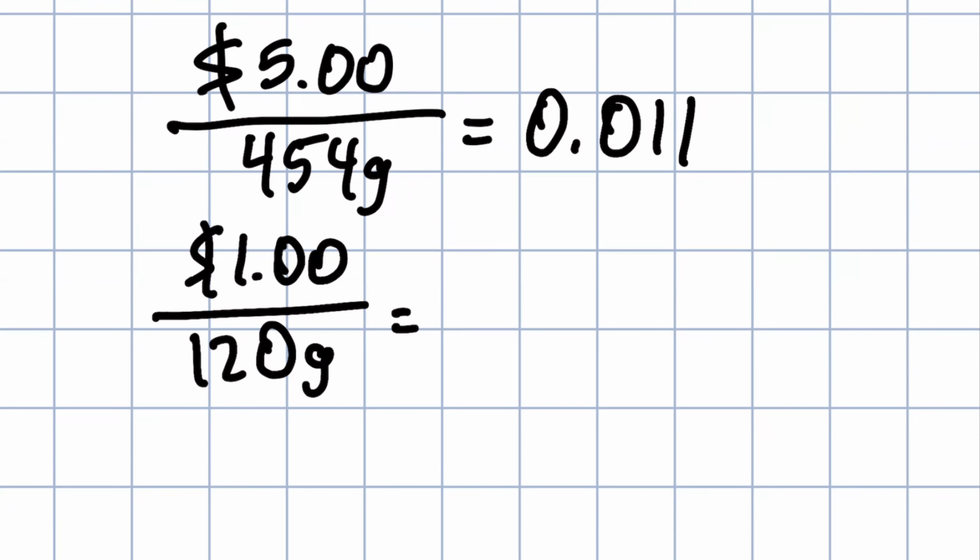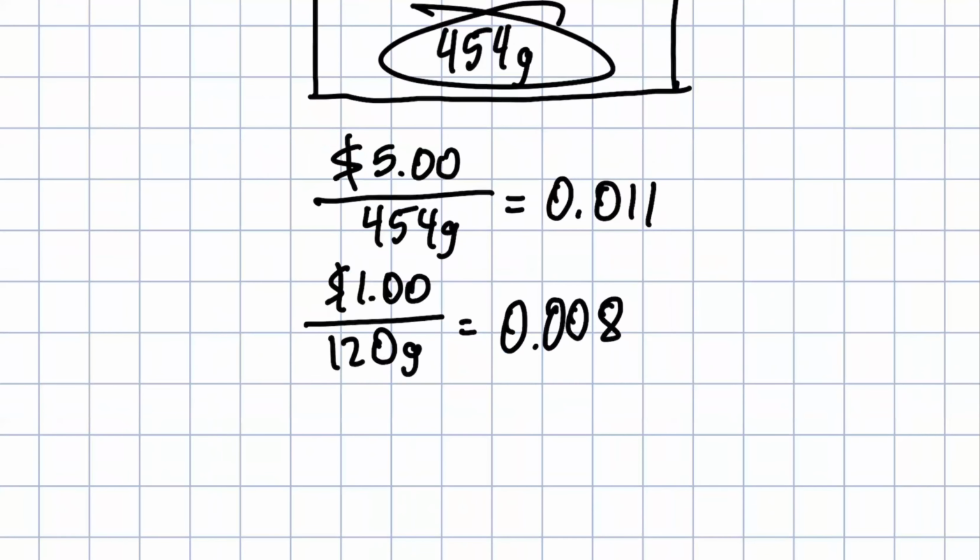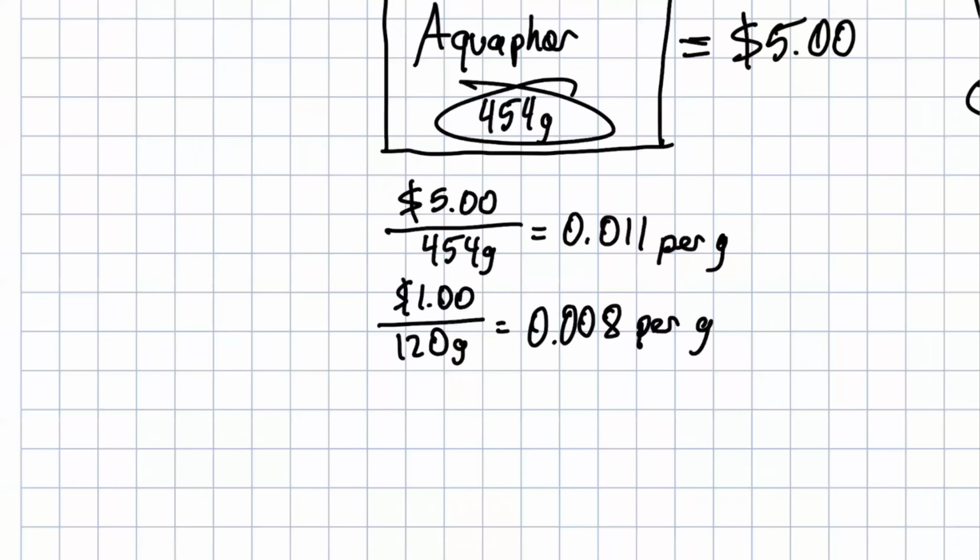And then on the $1 one, 1 divided by 120 is 0.008, per gram.